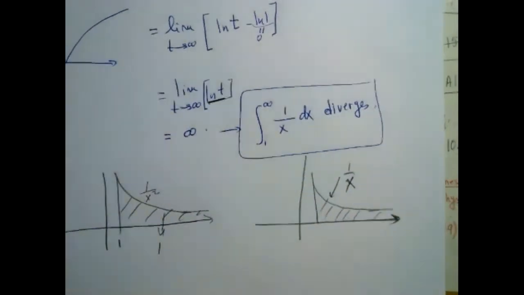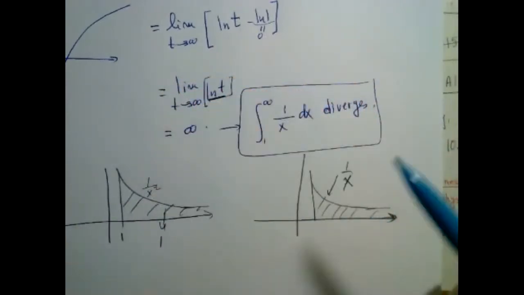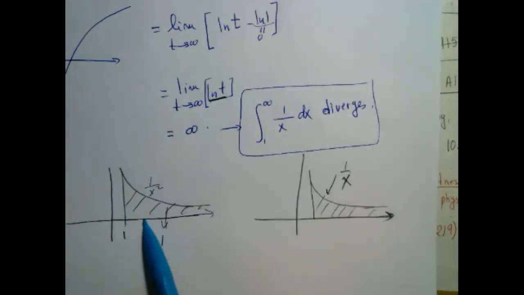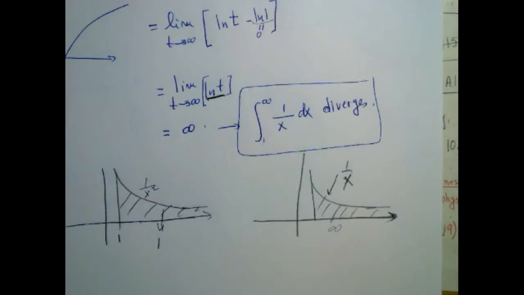It's hard to explain what's going on without computing the value. I cannot, when I see a function, tell you what's going on. But intuitively, why is it possible for this to be 1 and this one to be infinity? What's the main difference between both functions?